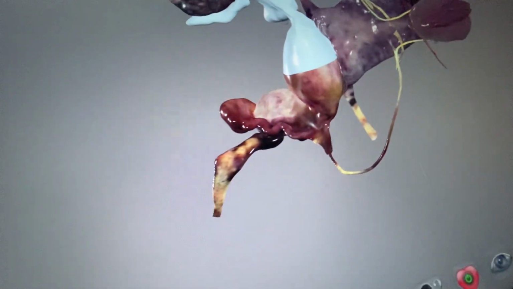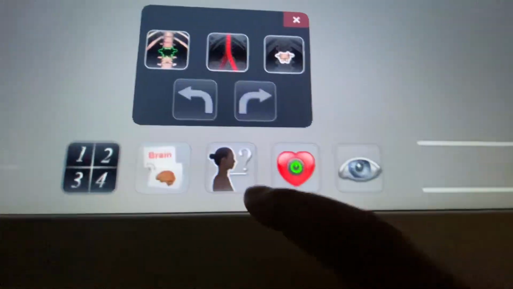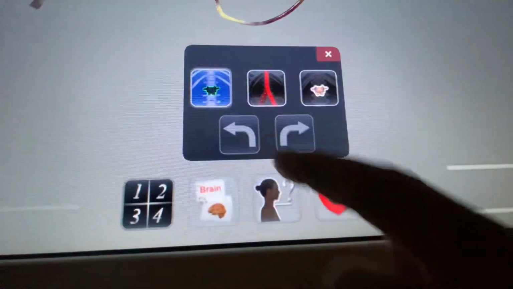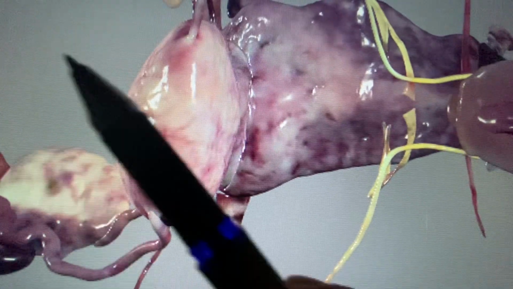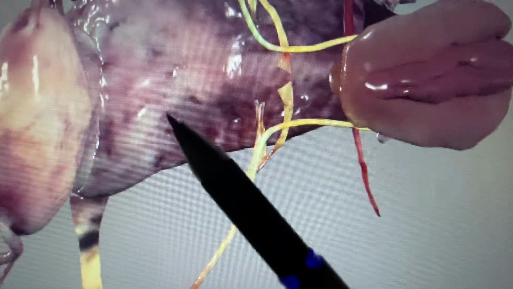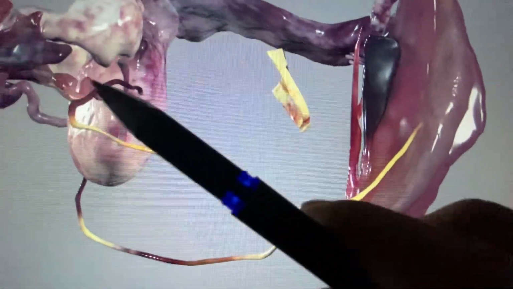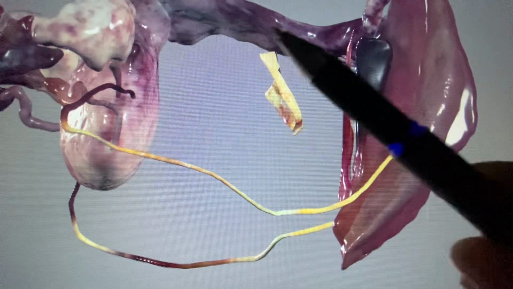Now, let's remove it, of course using this Explore tool, then this button, and I'll remove that. Now you will notice the similar coloration of the smooth muscle of the uterus and the vaginal canal.